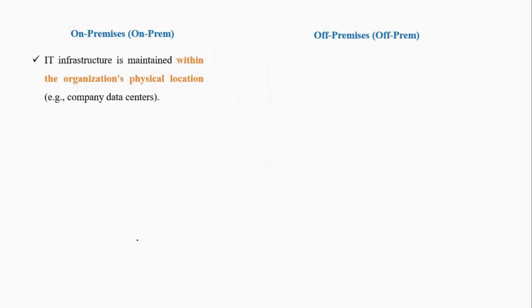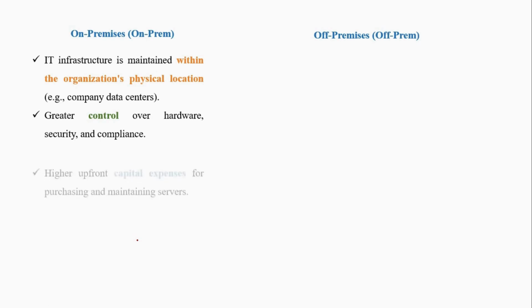The infrastructure is totally within the physical location of the organization, as well as the data centers. We have total control over all the components that we organize inside the enterprise. The hardware, the licenses, the software that we install, the updates, everything is taken care of by the organization itself.